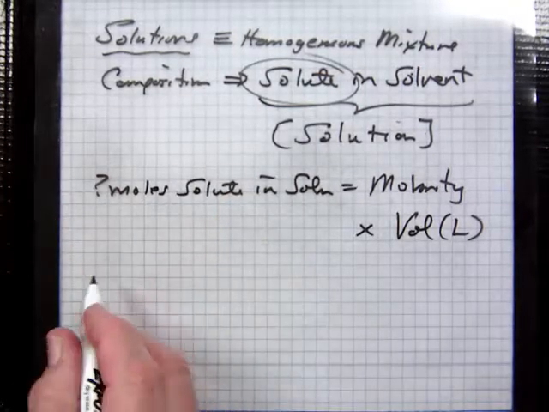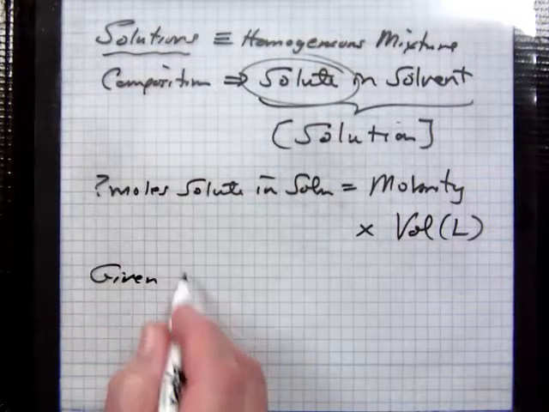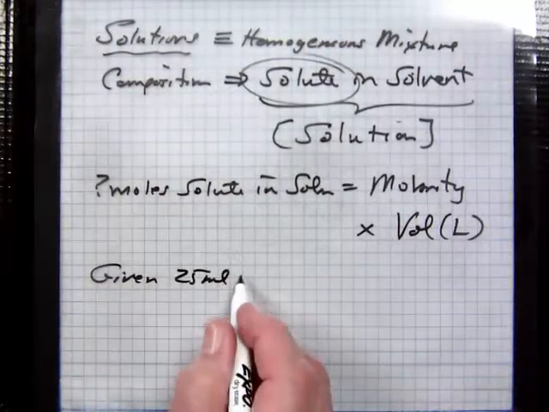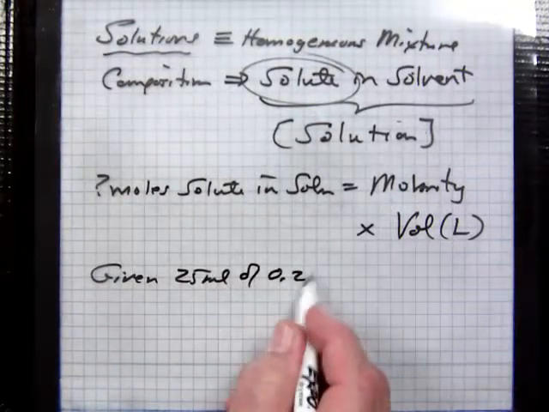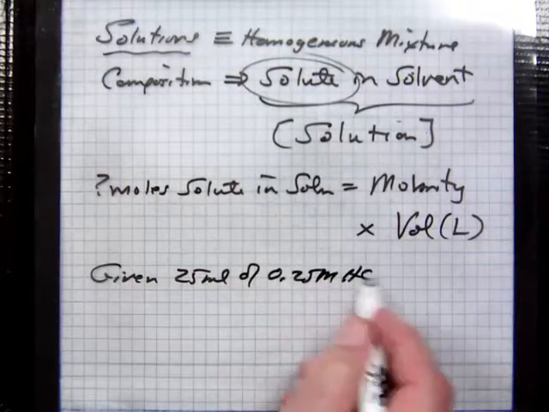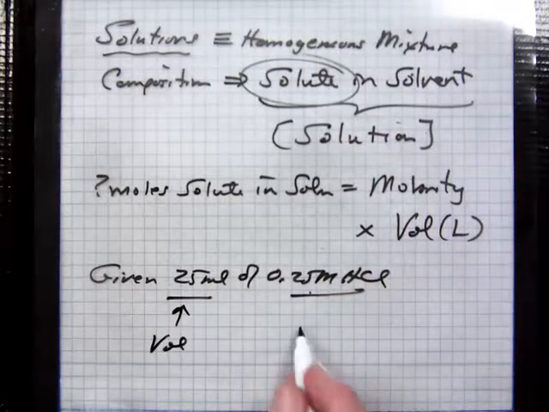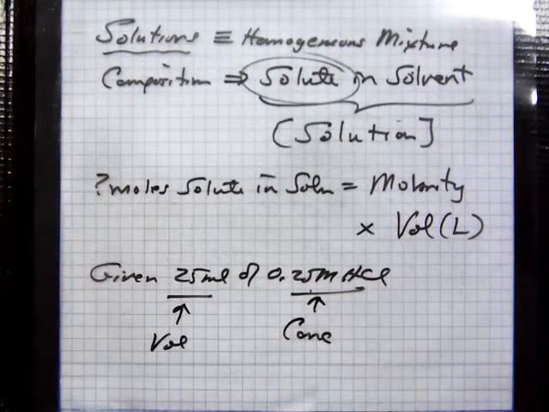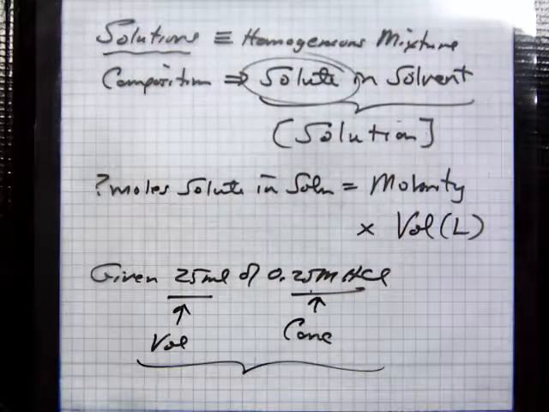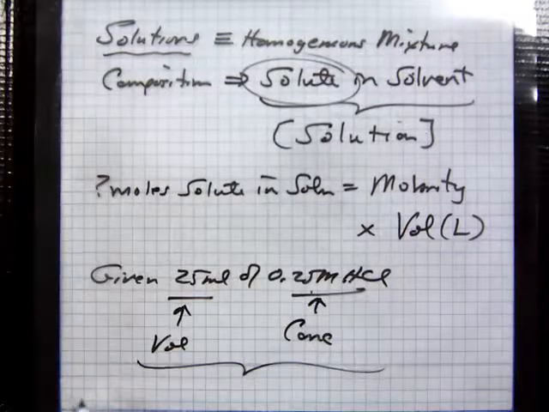Say a problem comes along and says I've been given 25 milliliters of 0.25 molar HCl. These two go together, a volume and a concentration number. Together, they can be used to calculate moles.